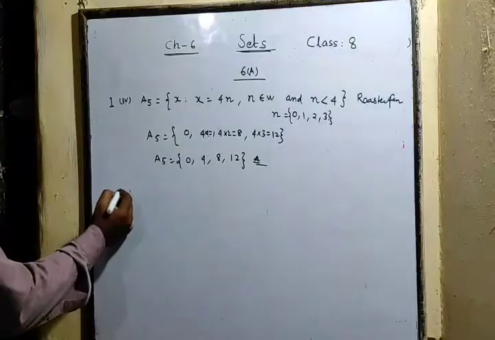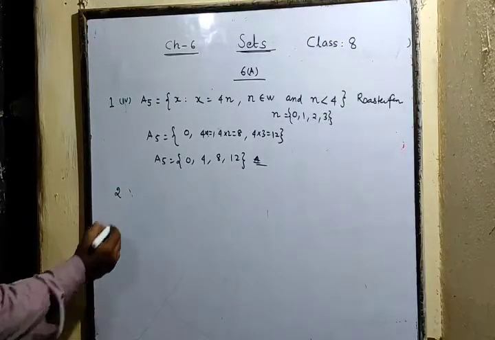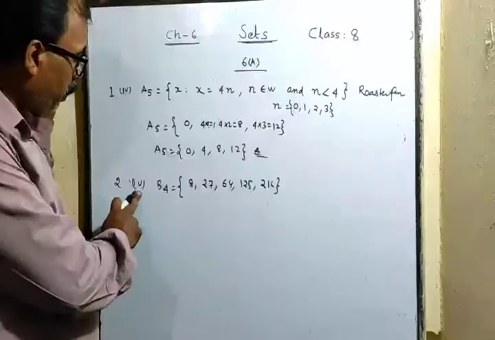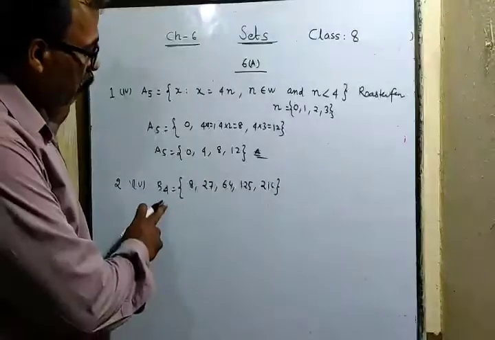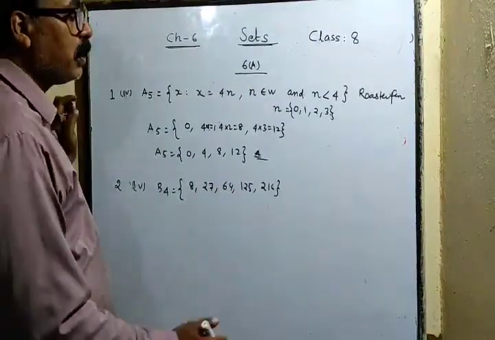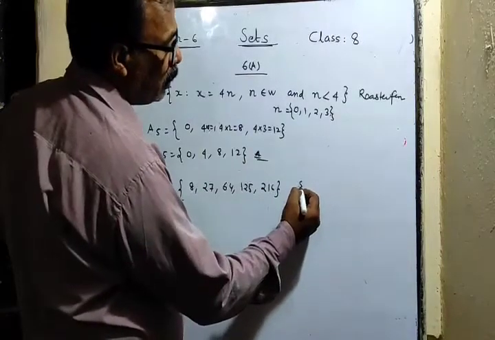Now we come to one more question, question number 2. This is subpart 4 of question number 2. B4 is given as 8, 27, 64, 125 and 216, and you have to represent it in set builder form.